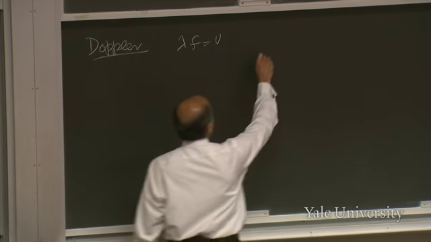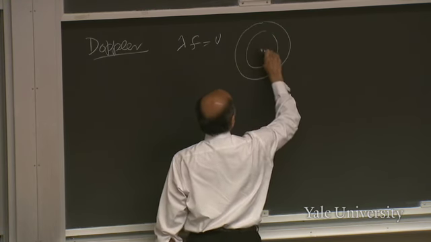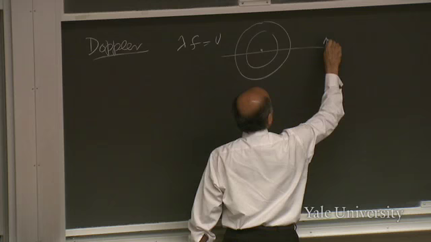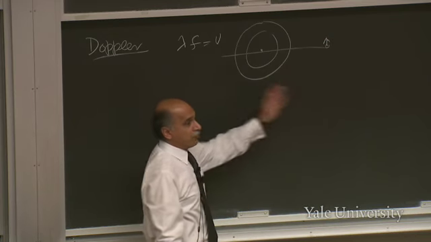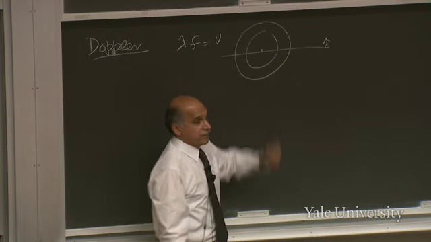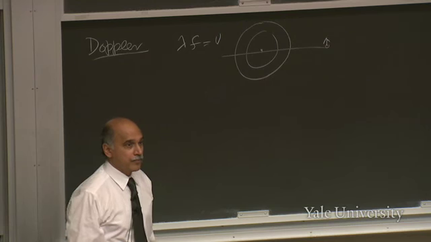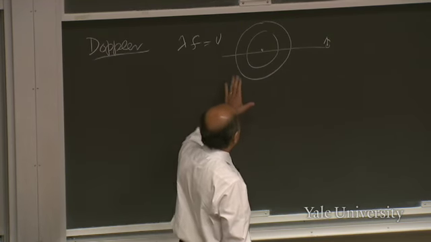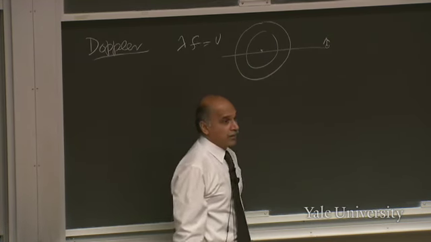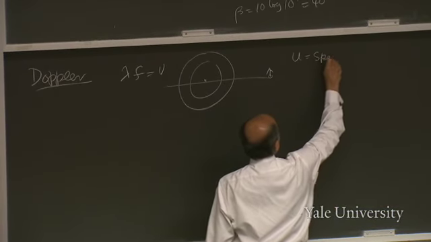So let's take a source that is sitting still, and you are standing here listening to the sound. The waves go by you, and you see a certain wavelength. That's the distance from one crest to the next. Now suppose the source is moving to the right at a certain speed, u. u is the speed of the source.